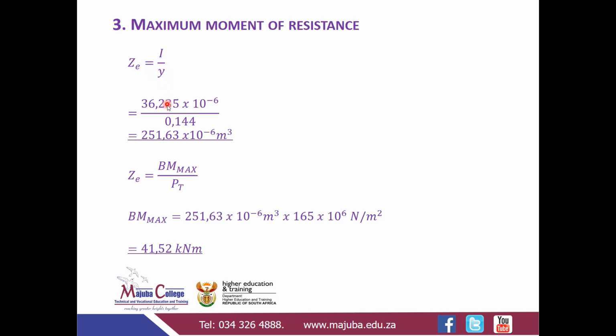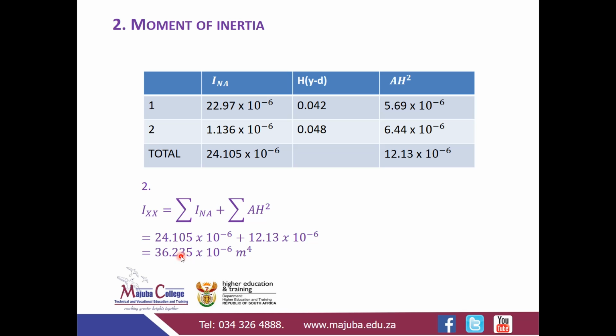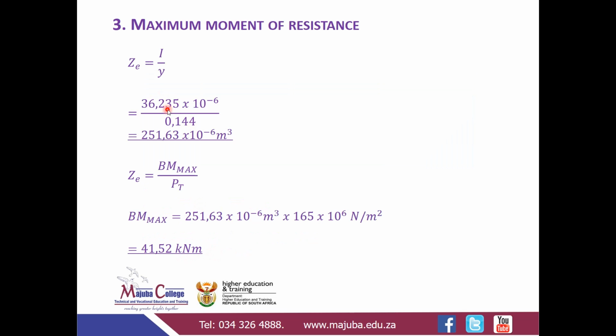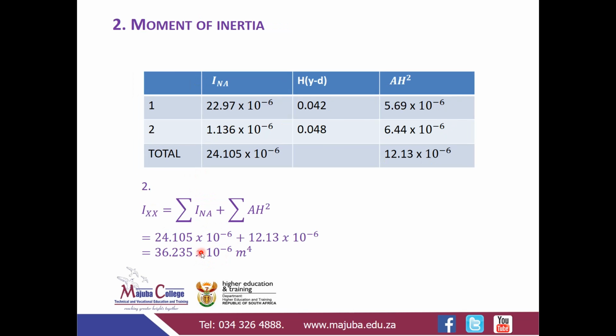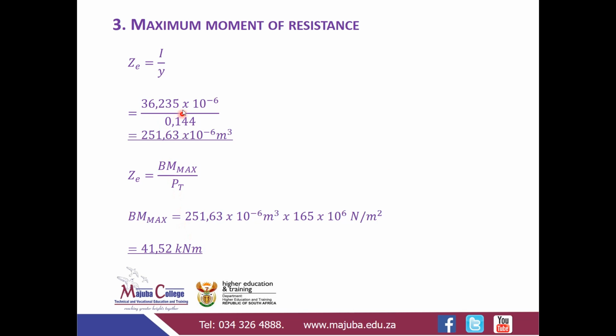All right, so our inertia is what? 36 10 to the power minus 6, and then the value here, you remember, it is this one. Okay, so you can just divide the two, you get this value 251.63 multiplied by 10 to the power minus 6.